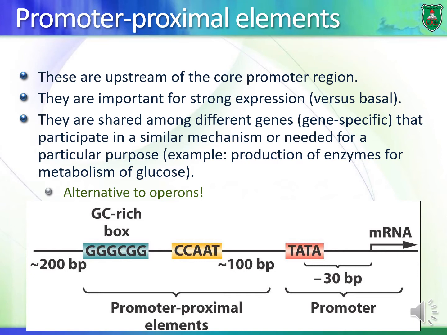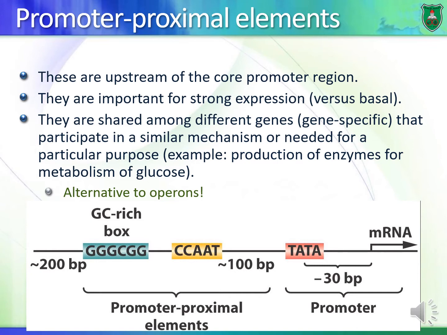Okay? Now, the promoter-proximal element is almost like an alternative to operons. Remember how we said in bacteria you have operons, and you have the production of different proteins with different functions, but they participate in the same process, that is metabolism of lactose, synthesis of tryptophan, and so on. Well, what happens here is that you have the genes responsible for metabolism of lactose, for example, in eukaryotic genomes, located on different chromosomes and different places.